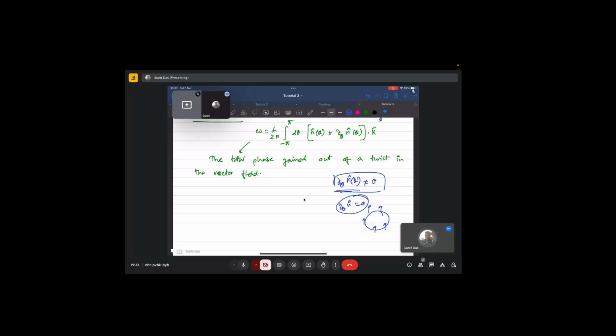One is trivial, where the winding number is 0 and all the vectors are along the same direction, parallel or antiparallel to x. In the other there is a band twisting, the vectors are oriented in different directions, and there is a finite winding number. Whenever there is a finite winding number, we call it a topological insulator. Remember again that both were insulators, but there is a finite winding number in the second case.